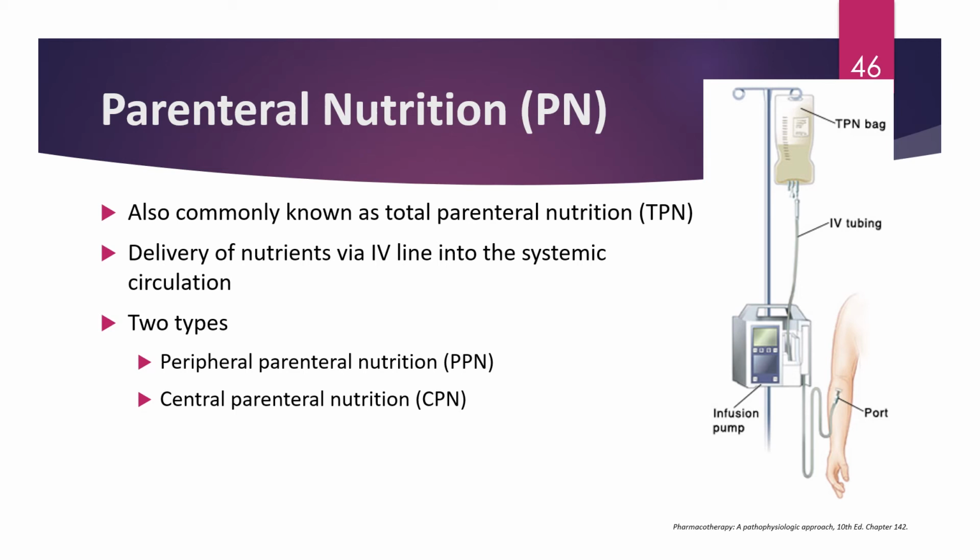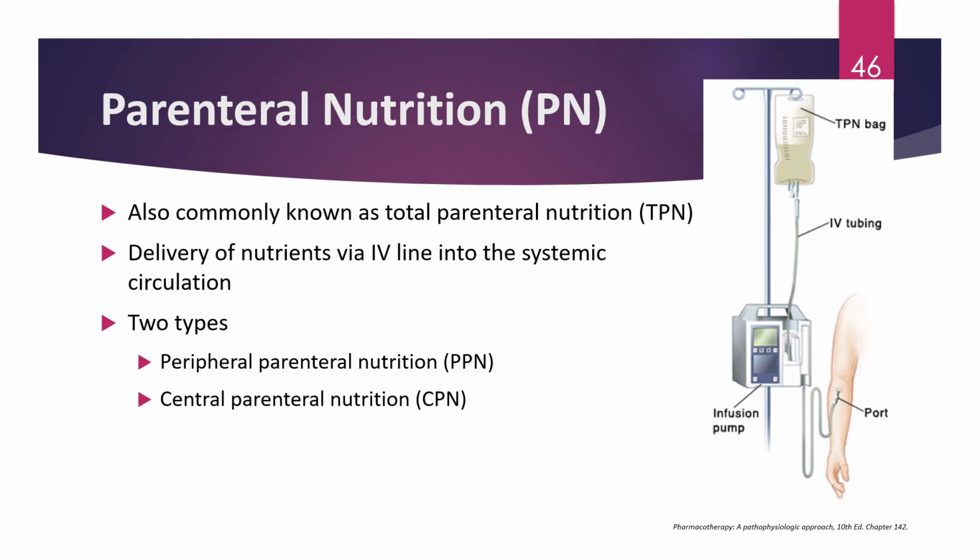Total nutrient admixture, which is another term you might hear in some areas, is typically considered a 3-in-1 formulation for the most part, but that's just an FYI. I don't necessarily require you to know that because most people will still refer to parenteral nutrition as PN or TPN. I personally prefer PN.